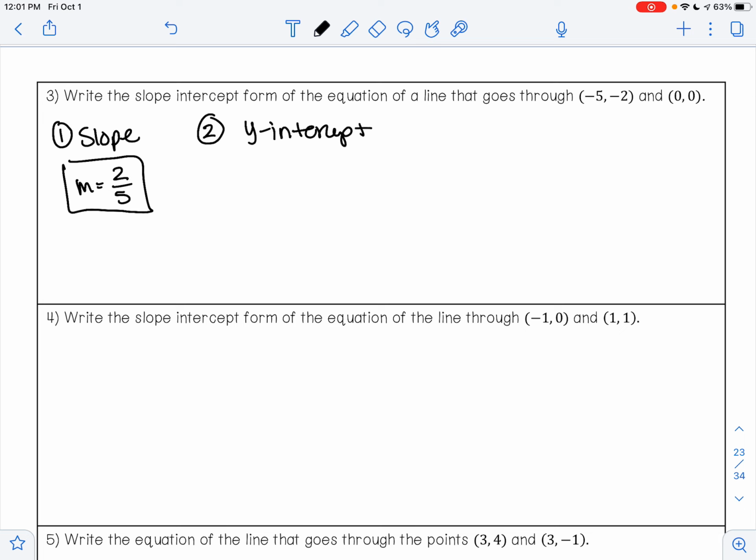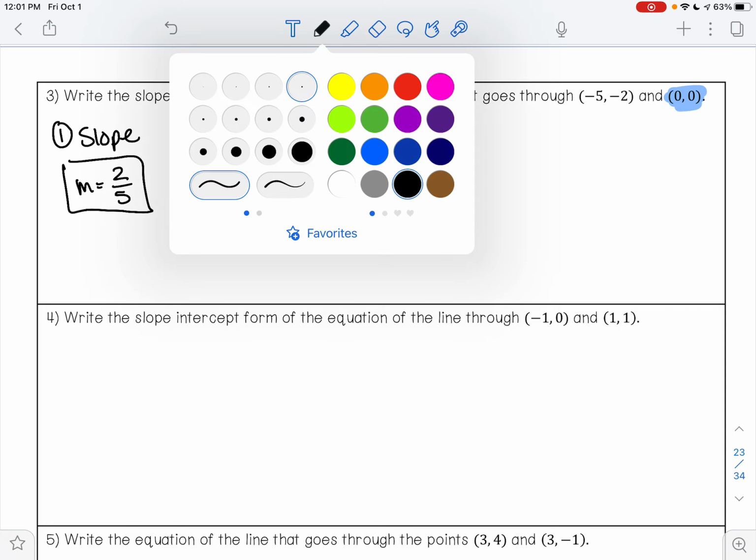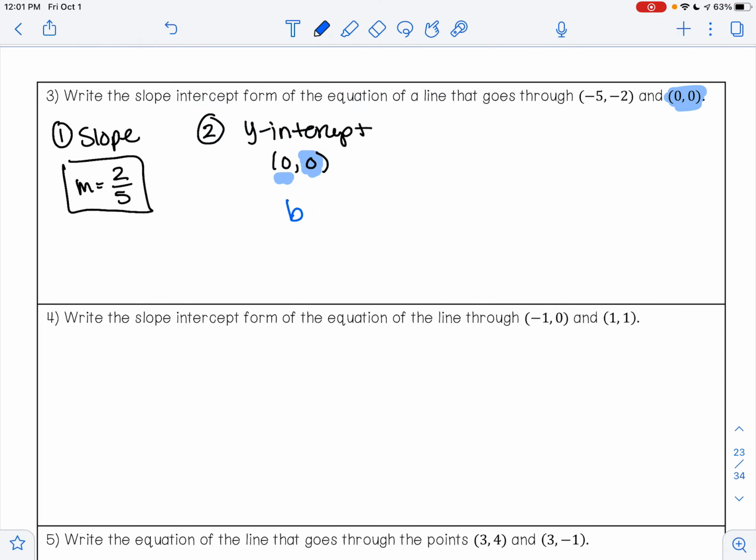So you can either solve for b, or you can look to see if one of your ordered pairs is the y-intercept. You'll know this because it will be a point 0 and then another number. I am given my y-intercept right here. The point is 0, 0. So because 0 comes first, the second number is your y-intercept. So here my y-intercept is 0.